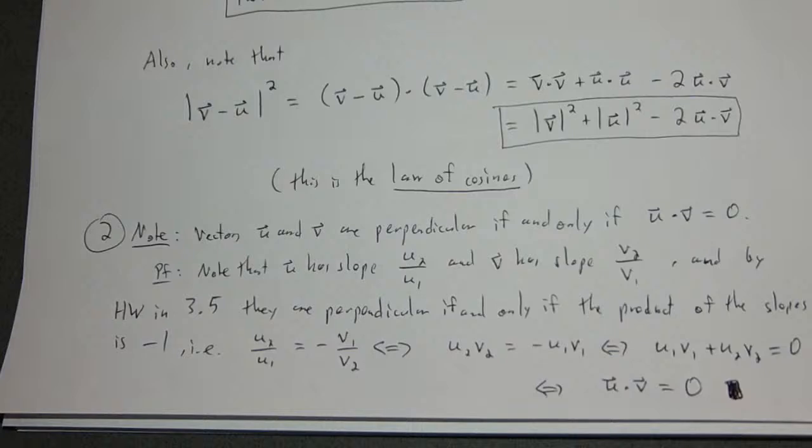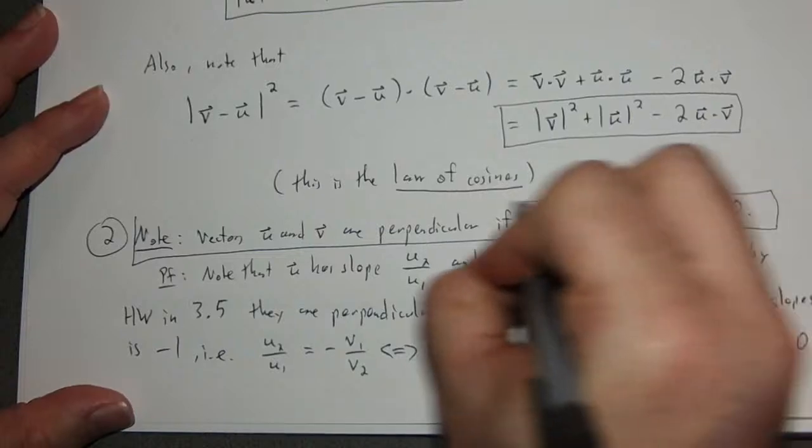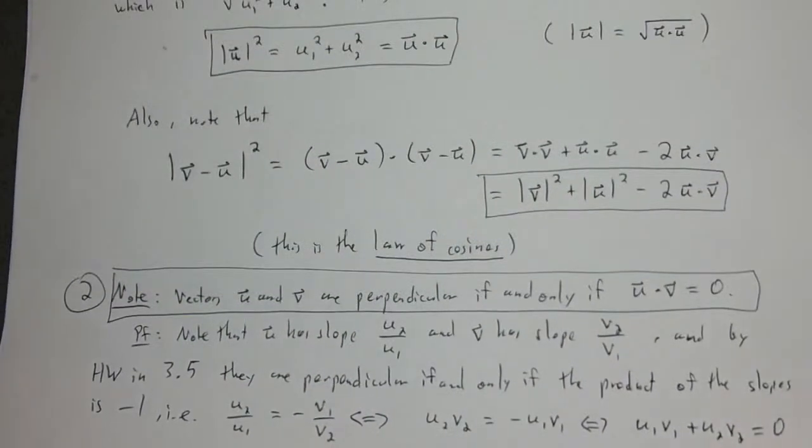So, two vectors are perpendicular if and only if their dot product is 0. That, of course, is a very, very important fact. As I said, in your previous experience with the dot product, this is one of the most important ways in which you use it, to distinguish when two vectors are perpendicular.